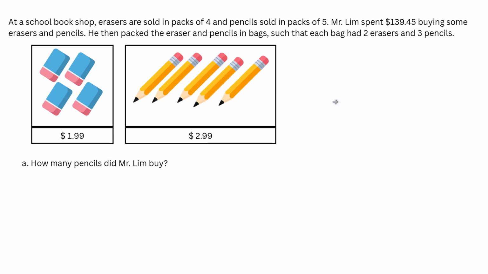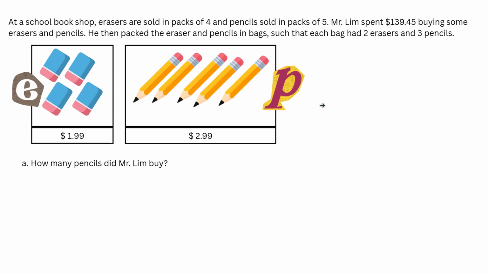It would look a bit complex at first, but let's just break this down into chunks that we can digest. First, he bought some packets of these erasers and some packets of pencils. We don't know how many packets. So let's assume that he bought E packets of erasers and P packets of pencils.